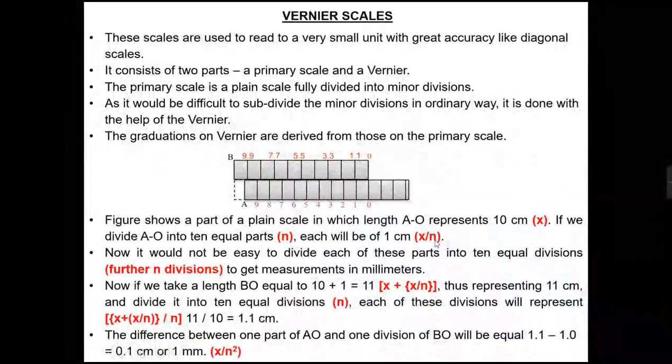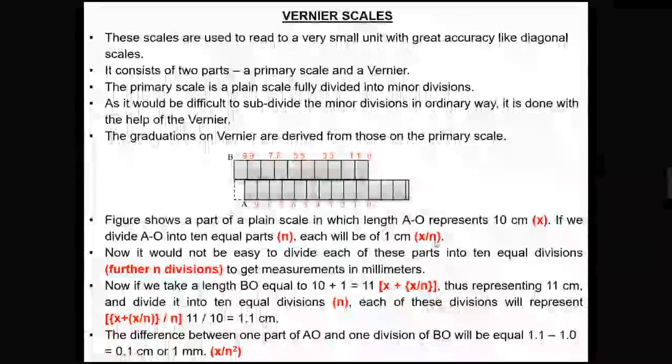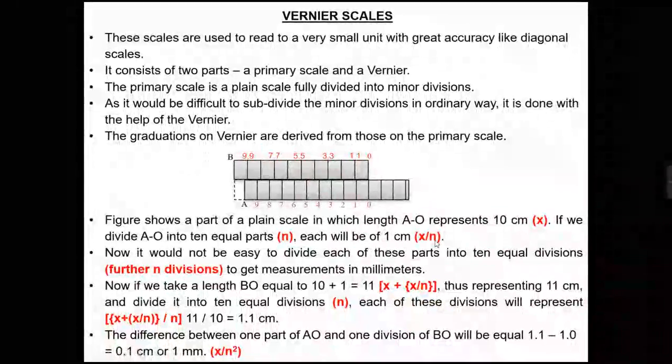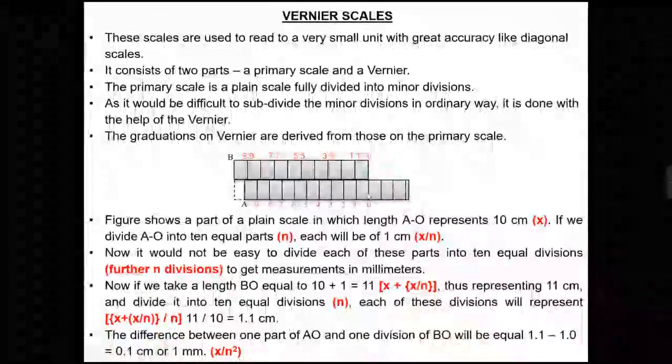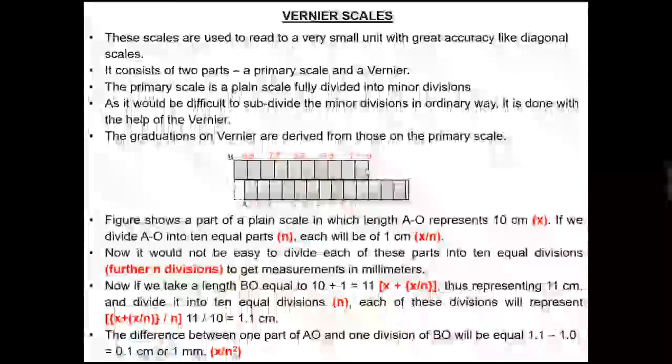So now it would not be easy to divide each of these parts into 10 equal divisions, meaning further n divisions, to get the measurements in millimeters. So the important thing to notice here is, if you are dividing the primary scale into 10 equal parts, then you have to divide the vernier scale also into 10 equal parts.